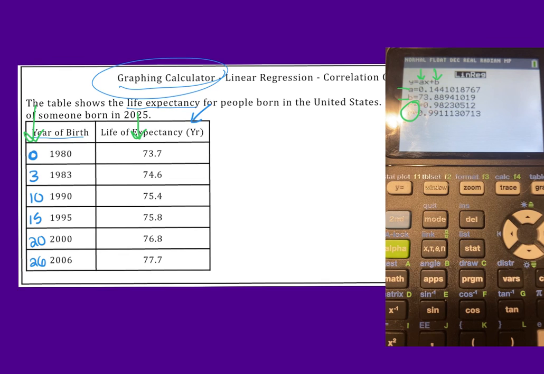So if we write that equation, y equals, so let's do 0.14, we're just going to round, x plus 73.89. So there is the estimation for our data.